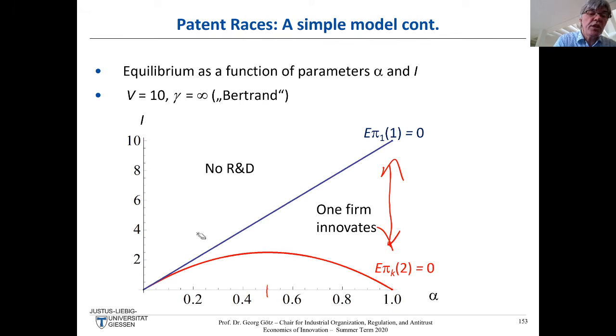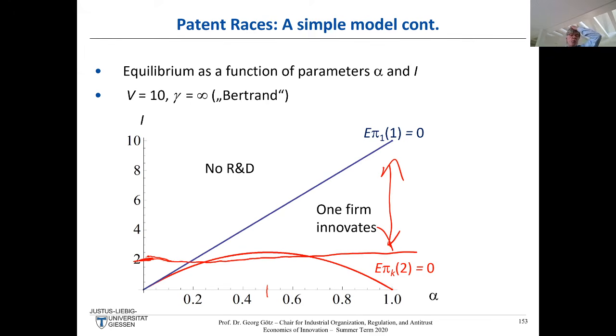But what you see here much more clearly, suppose I would be equal to 2, then suppose the probability of success is 0, then of course no one would invest in R&D. But then you see, if you increase the probability, I won't make a very good straight line.